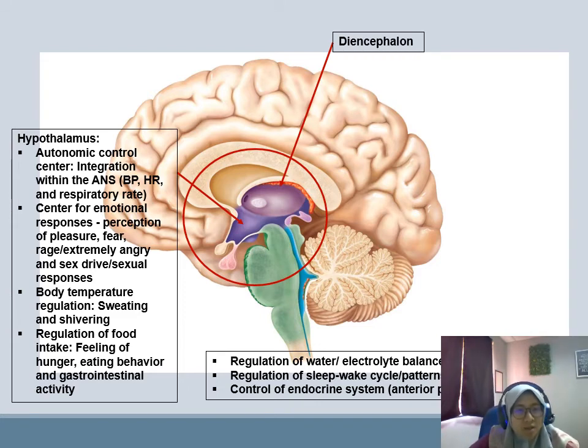And then regulation of food intake, the feeling of hunger, your eating behavior, gastrointestinal activity. So these are all the functions of the hypothalamus. And then we have regulation of water, electrolyte balance and thirst. You feel thirsty. Regulation of sleep-wake cycle, what time we sleep and what time we wake up. And the last one is control of the endocrine system.